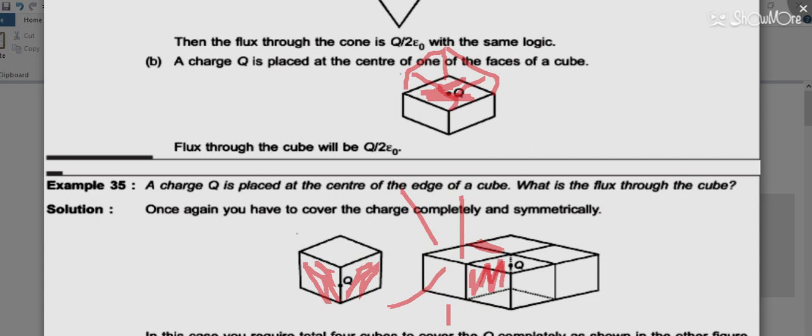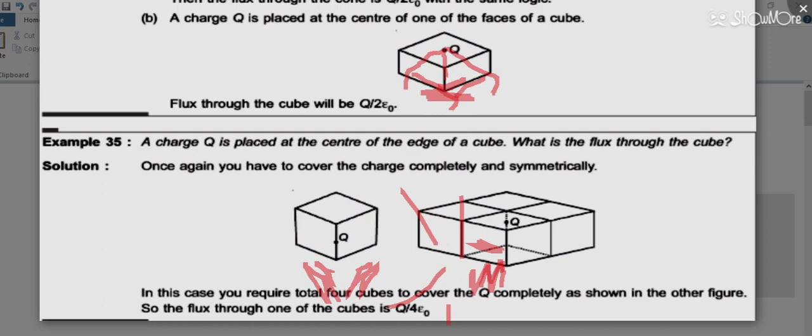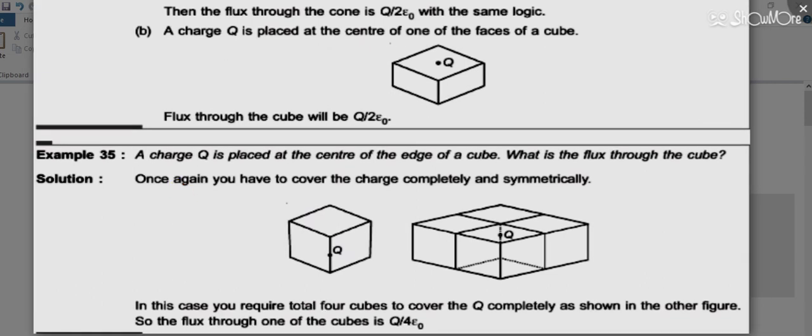So if he is asking about the flux from one of the cubes, then your answer will be q by 4 epsilon naught, as we have discussed earlier.